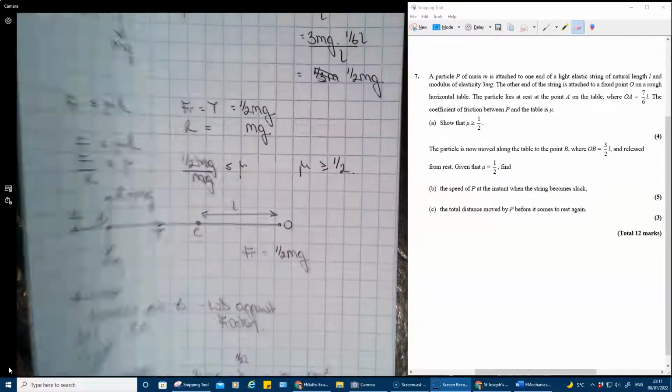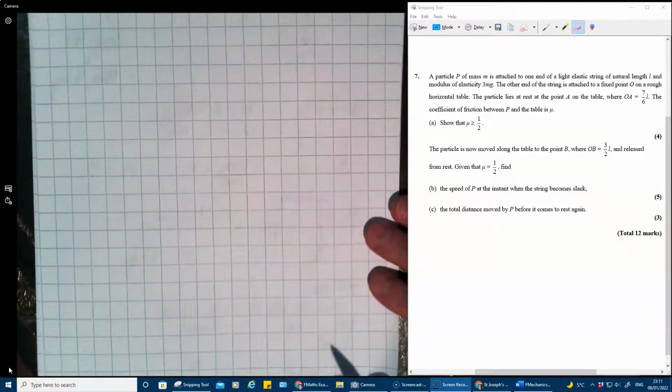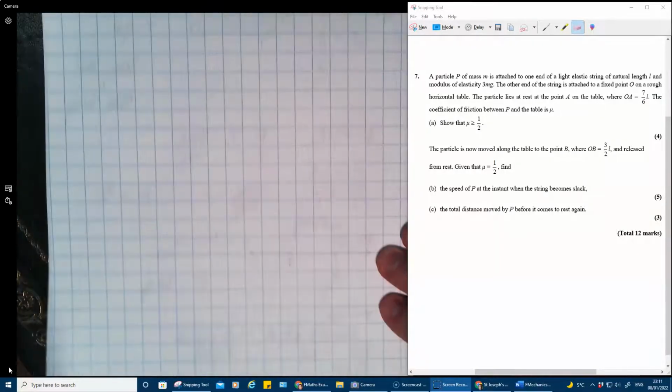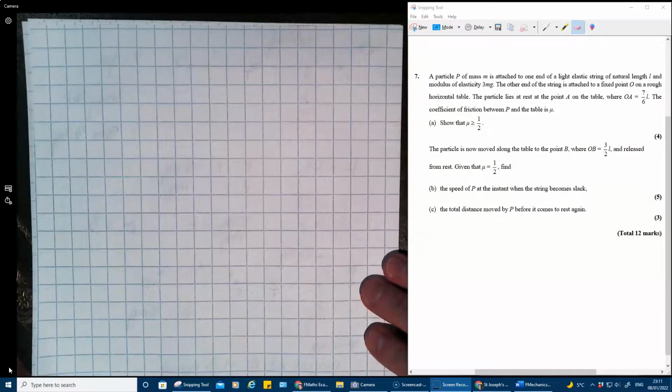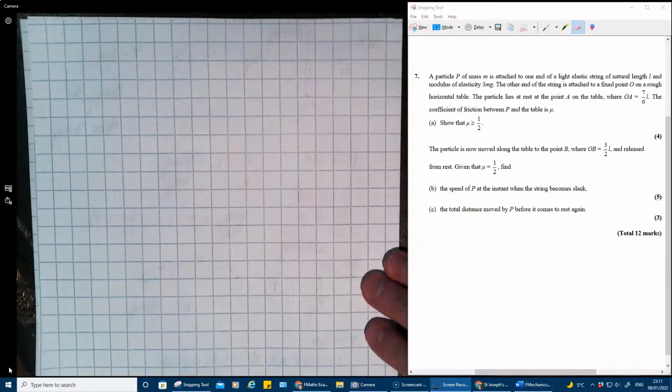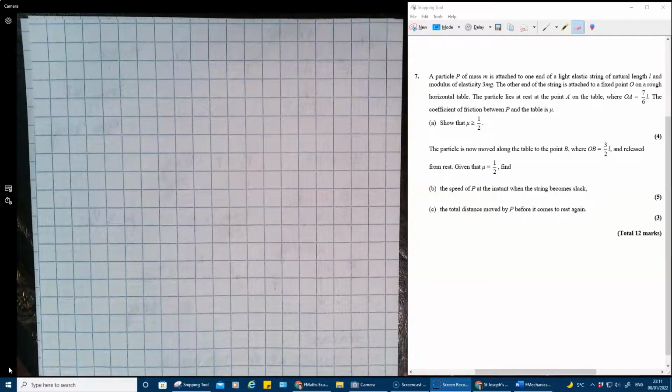Right, and then the final part, the total distance before it moves again. This time we're going to do the energy. We can either do the energy at B, take away work done is 0, or the energy at A, take away work done against friction is 0.